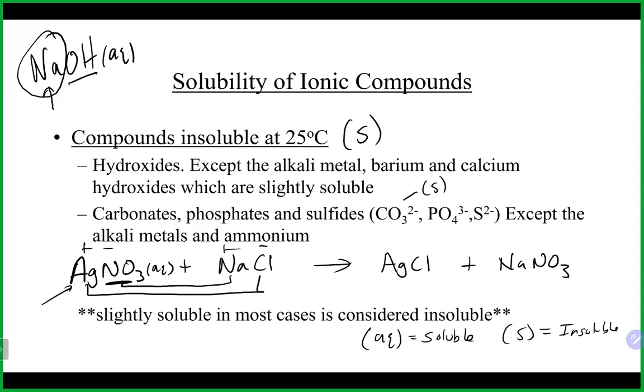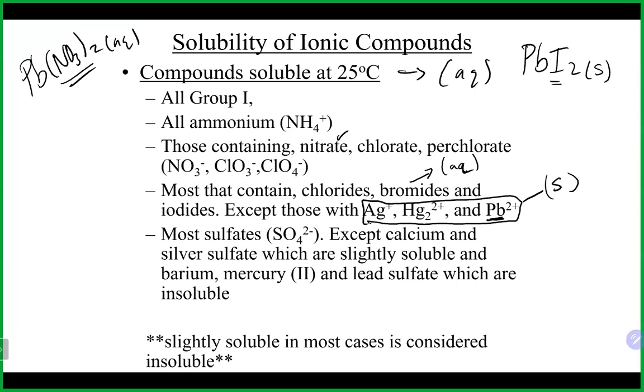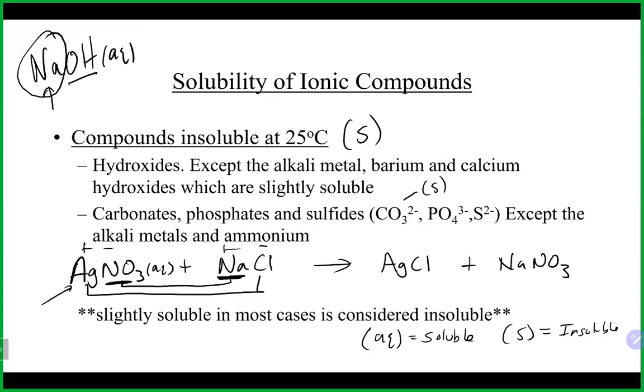I come to my sodium chloride. I look at my sodium, and again, sodium is group 1 on the periodic table, and that is something that's always going to be soluble. There's no exceptions, so I automatically know this guy is going to be soluble. Now, let's just say you wanted to look at the chloride, and you definitely could.